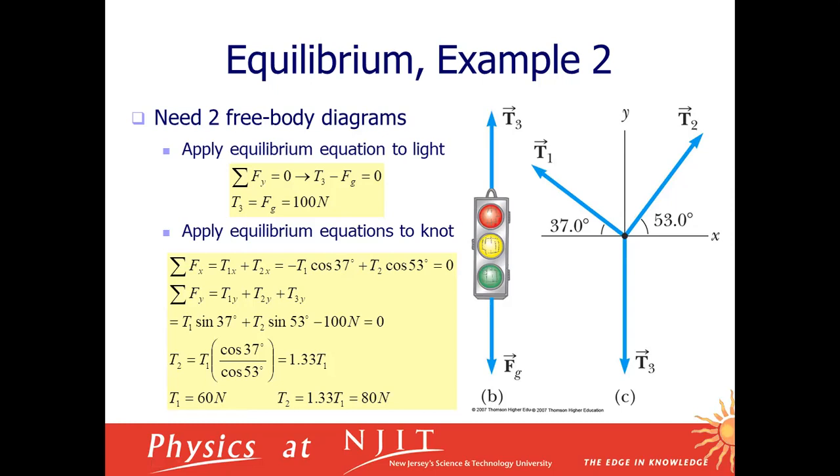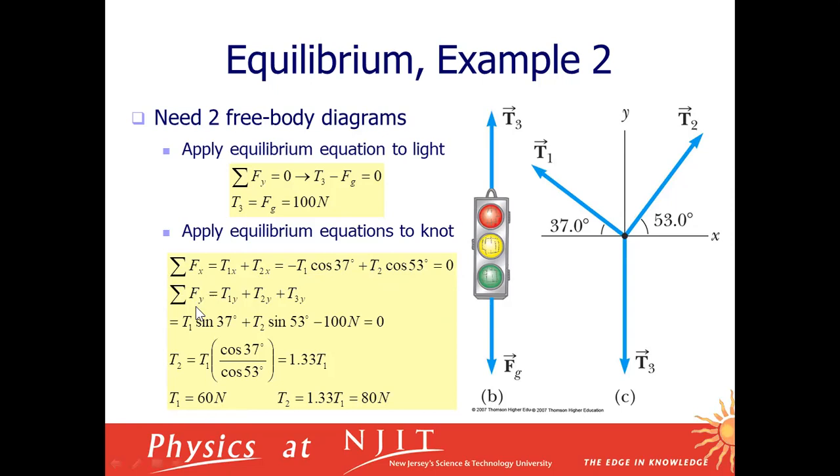Both forces are coming from the cables only. So T1x plus T2x is equal to negative T1 cosine of 37 degrees plus T2 cosine of 53 degrees. And then, since this is the first law of motion, you're going to equate the following quantities to zero.